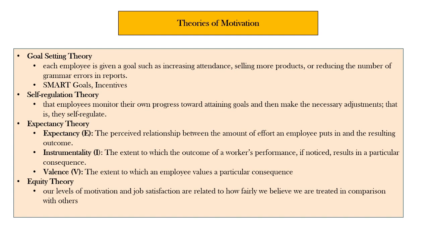The I is the instrumentality, wherein it is the extent to which the outcome of a worker's performance, if noticed, results in a particular consequence. We also have V, the valence, it's the extent to which an employee values a particular consequence.